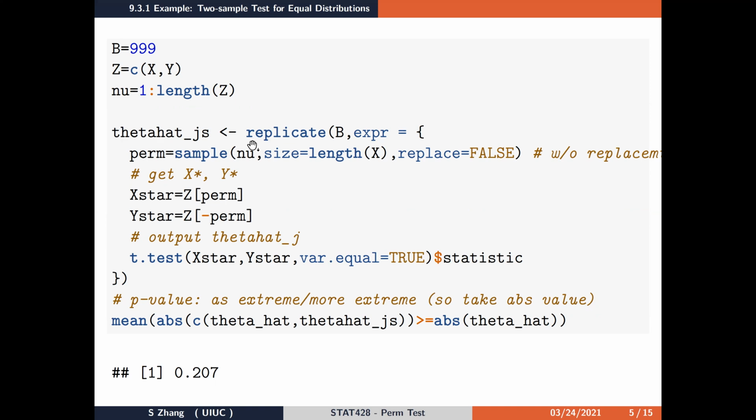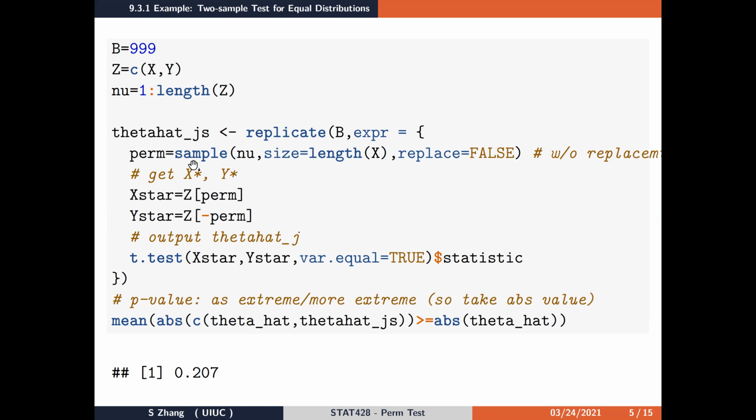We will again use the replicate function. We replicate this for a total of large B equals 999 times. And here's what we will replicate. We first find a random partition of Z. So what we first do is to create an element called perm, which is the shuffled indices of nu, essentially a permutation of nu.